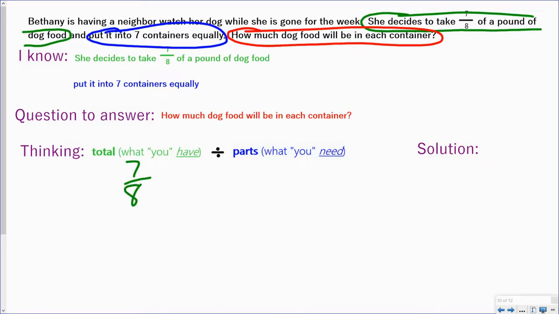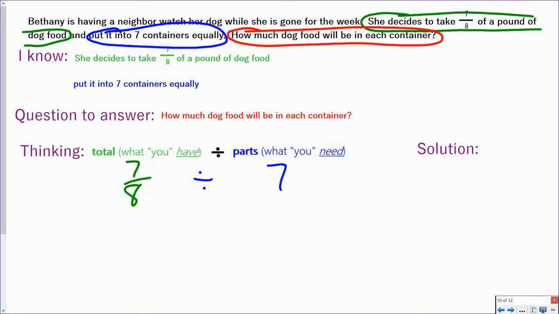And what does she need to do? She's going to divide that up into 7 containers. So she's going to break the 7/8 up into 7 equal containers. So our problem would be 7/8 divided by 7.